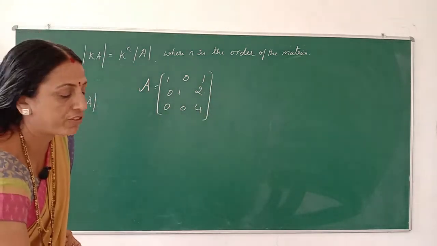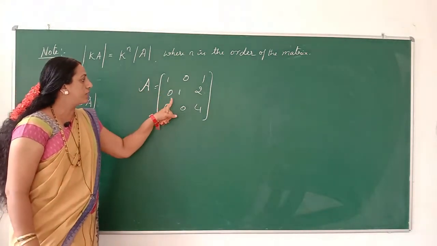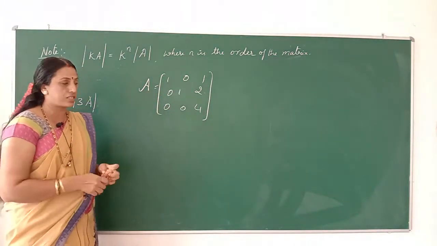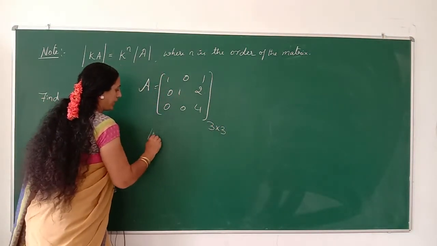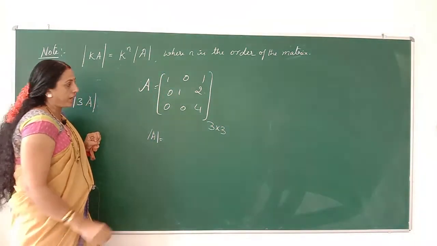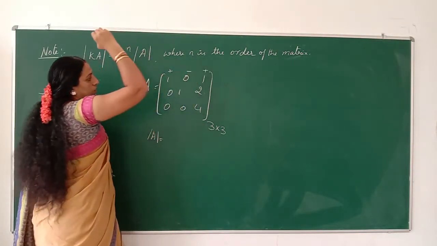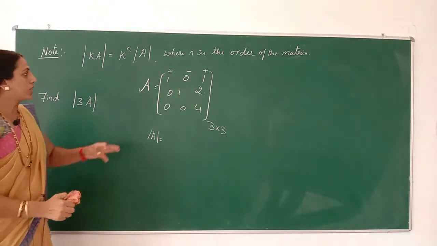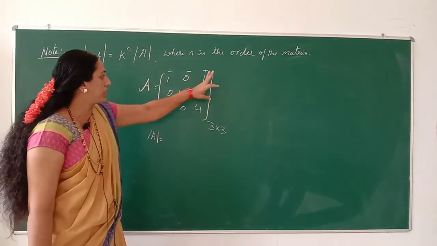I will take the last problem, the same problem, and give examples of that property, where A is 1 0 1, 0 1 2, 0 0 4, a matrix of order 3 cross 3. Now first we will find the value of determinant of A. So determinant of A, expanding along the first row using the signs of the determinant, plus minus plus.